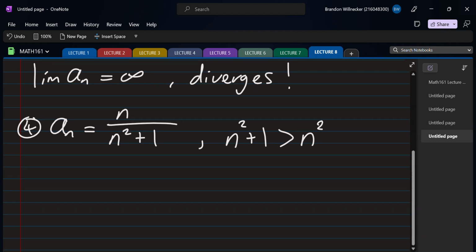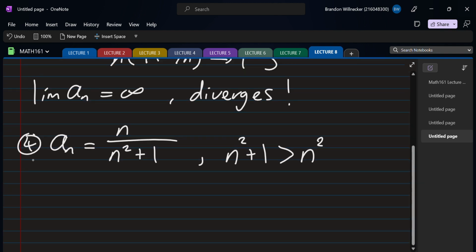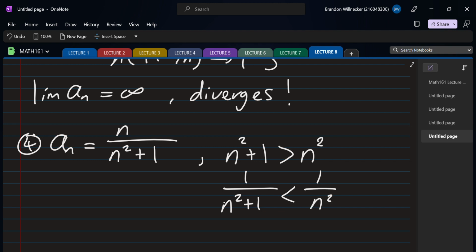Okay, so what do I mean by that? Here we've got n squared plus 1, but in our sequence we have n squared plus 1 in the denominator. So if we take the reciprocal on both sides, this becomes less than 1 over n squared. Now that's very close to what we have here. So what we can do is multiply both sides by n. n is positive, it's never 0, so we don't have any worries with that.